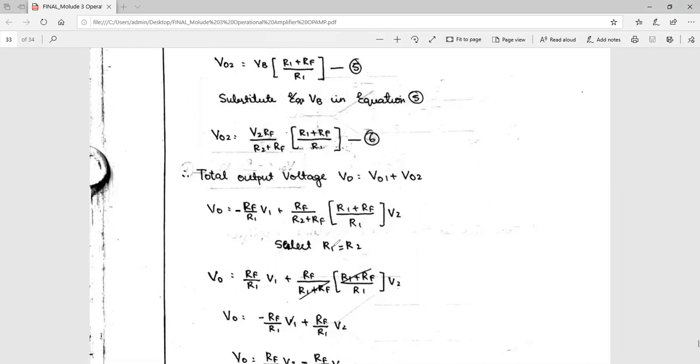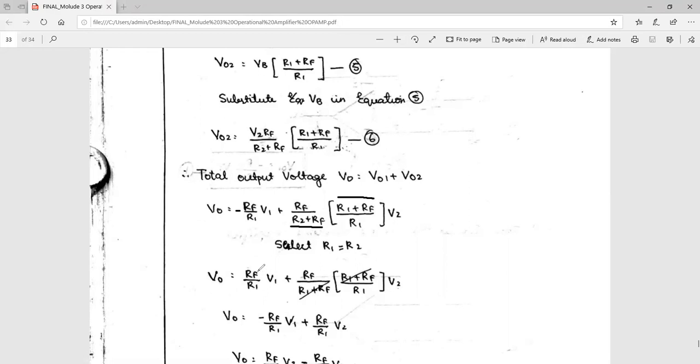Now if you see this particular set, I have R2 plus RF and R1 plus RF. Let me choose R1 equivalent to R2, so wherever I see R2, I will replace it as R1. When I replace it, these two terms will get cancelled out.